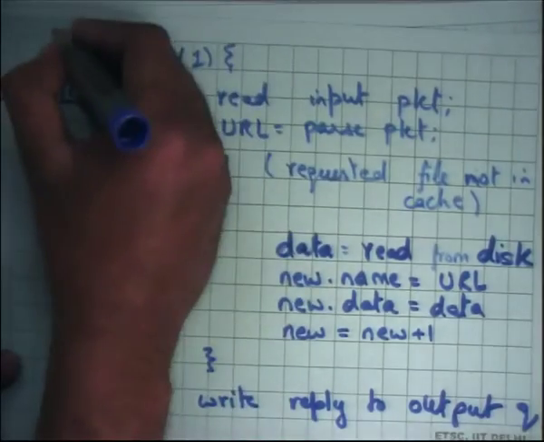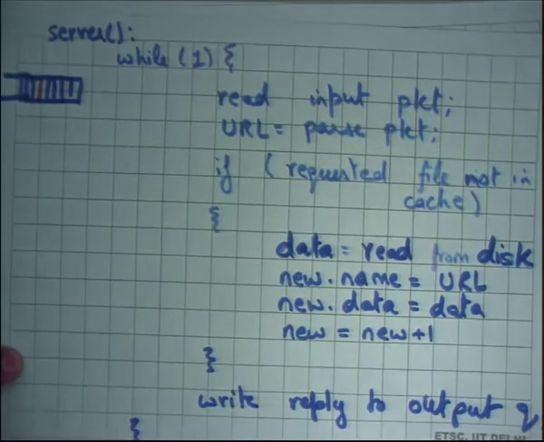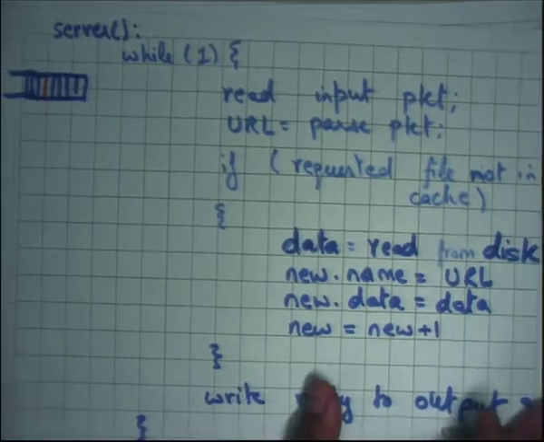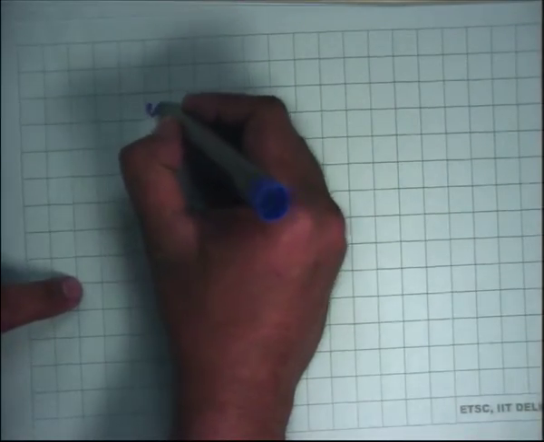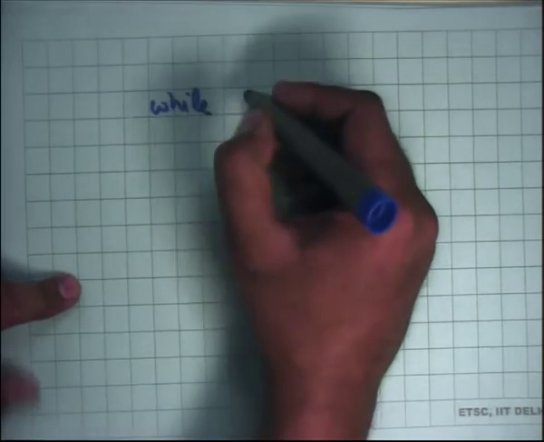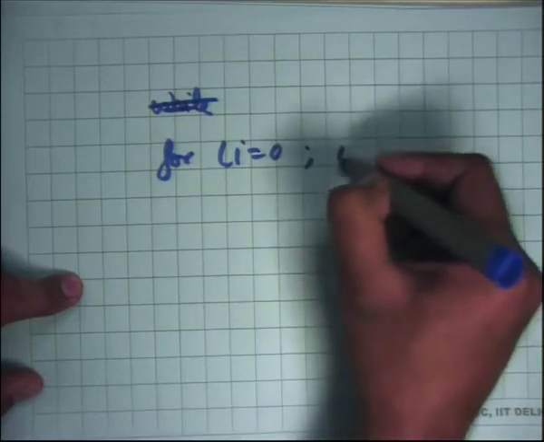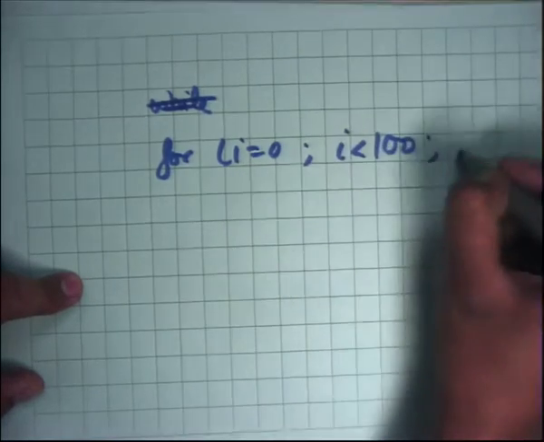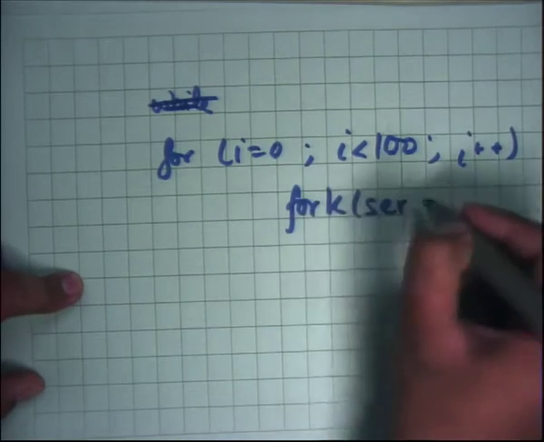So what are you going to do? Let's call this the server, so this is the function which is the server, and you could basically say something like this. I'm going to spawn 100. So for i equal to 0, i less than 100, i plus plus, fork server.